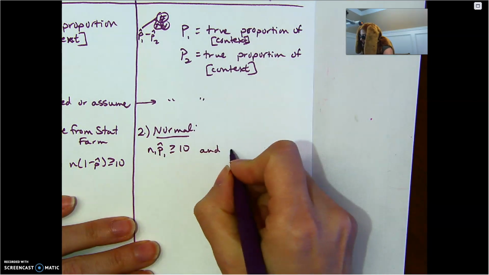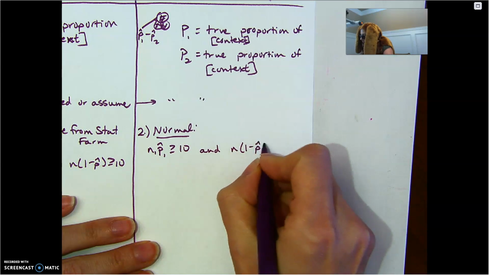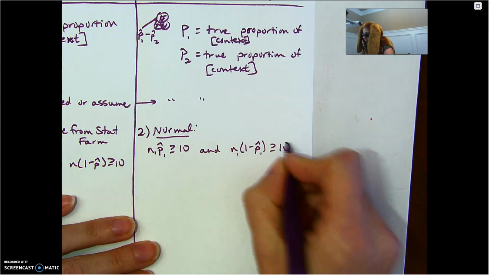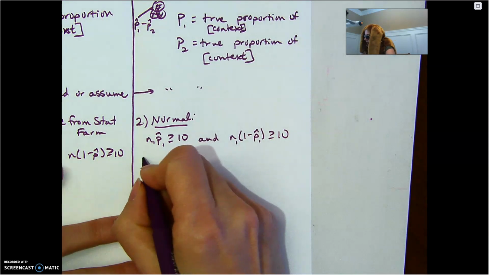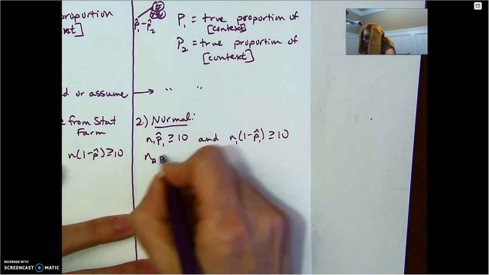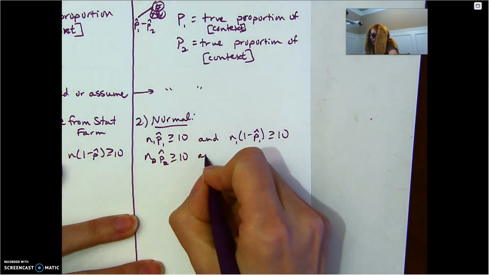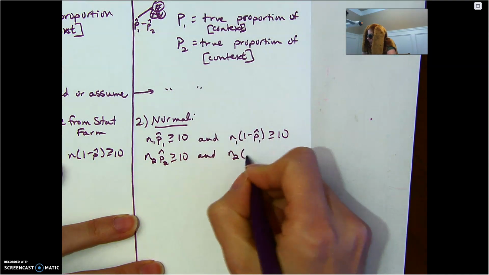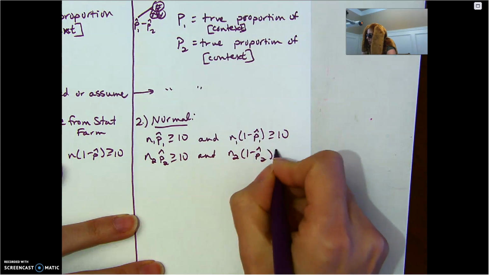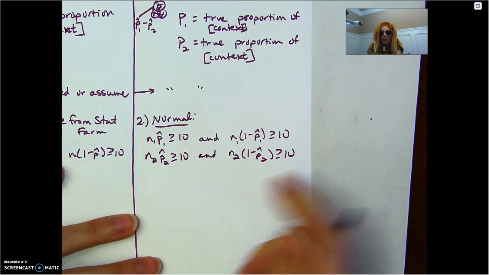And then you check failures, n1 times 1 minus p hat 1, at least 10, all right? Then you go and check group 2, so you take your sample size for group 2 and make sure you have at least 10 successes. And then you take 1 minus p hat 2, and you make sure you have at least 10 failures. All right.